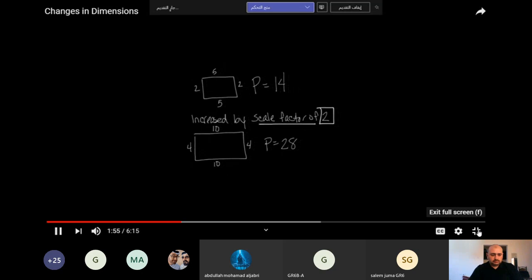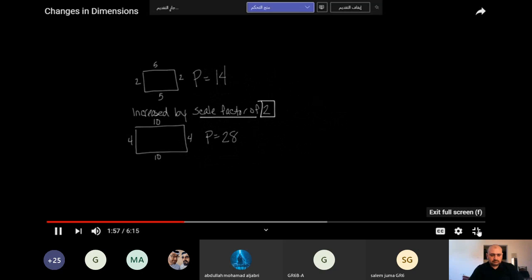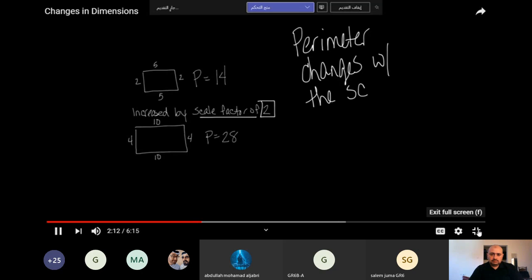So what I would say is perimeter changes with the scale factor. You're going to find this by multiplying by scale factor.